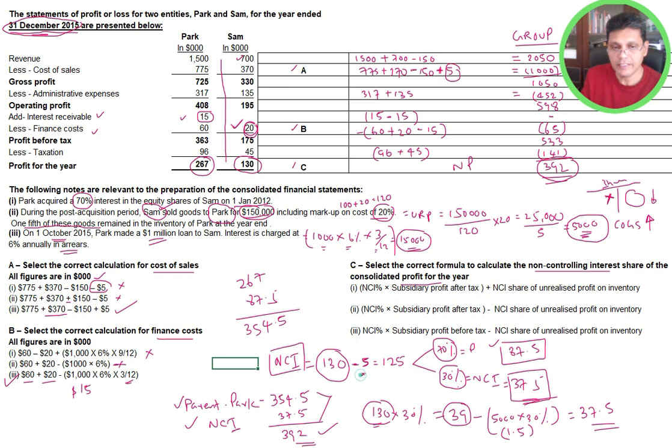And also this unrealized profit 5,000, you have to take the 30% which belongs to the NCI. So that has to be removed, then you will get the same answer. So here the correct answer will be NCI percentage times subsidiary profit after tax plus NCI share of unrealized profit. No, we don't add, we have to deduct.